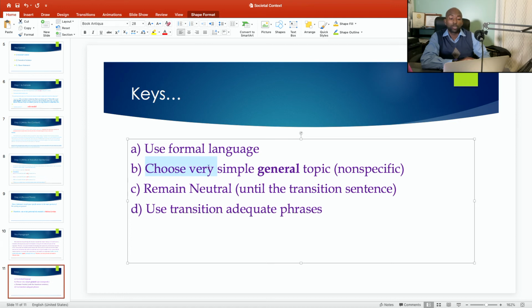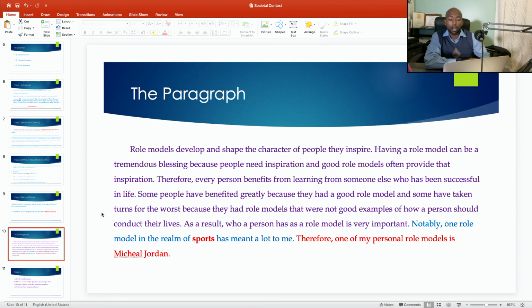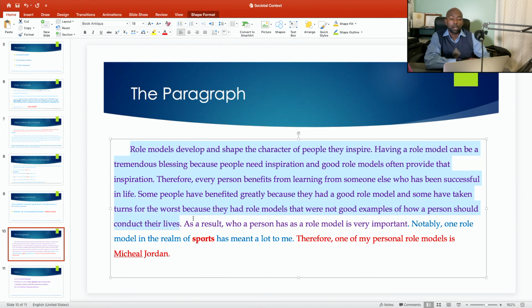Also, choose very simple general topics. I'll put a very simple general topic, and it should be non-specific. Notice how in this context we do not mention Michael Jordan at all. You don't mention your specific choice until you begin to transition towards the thesis statement.